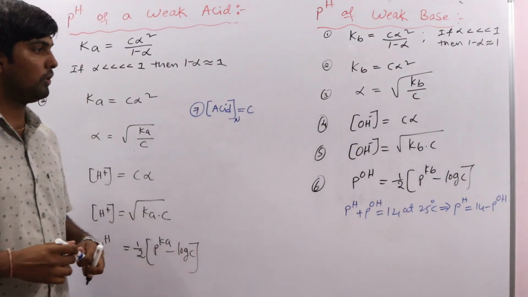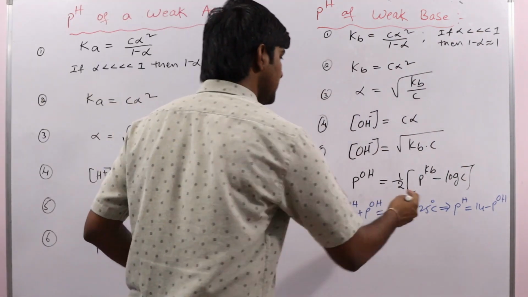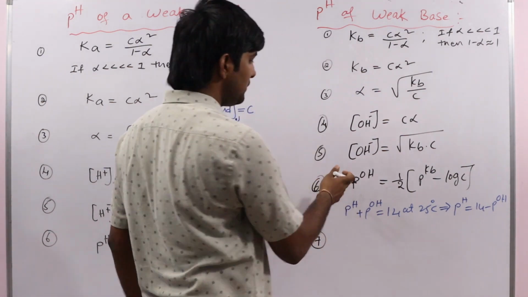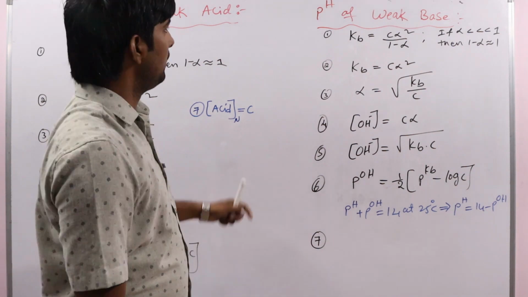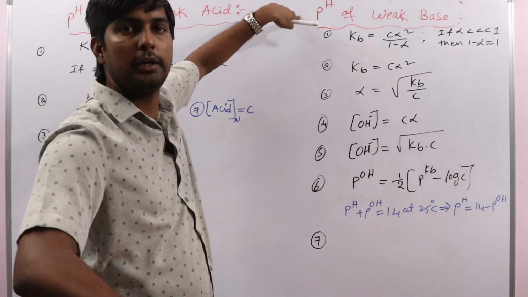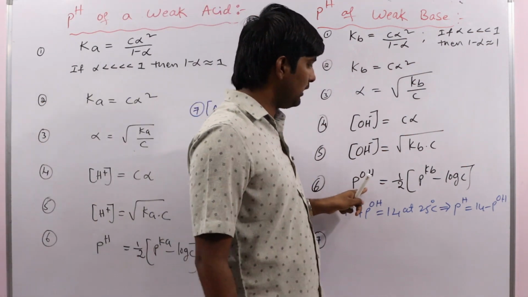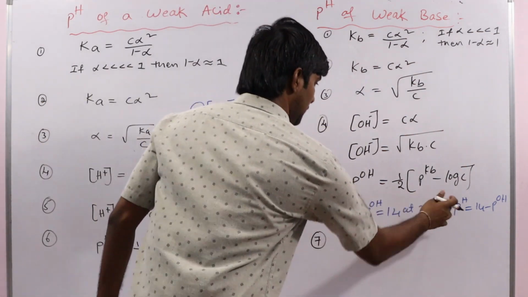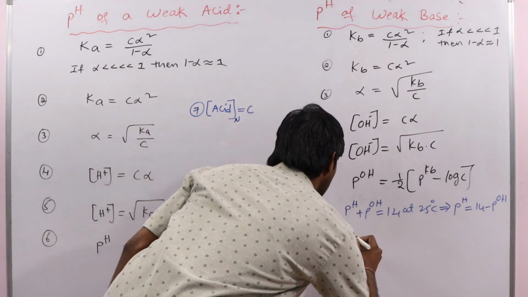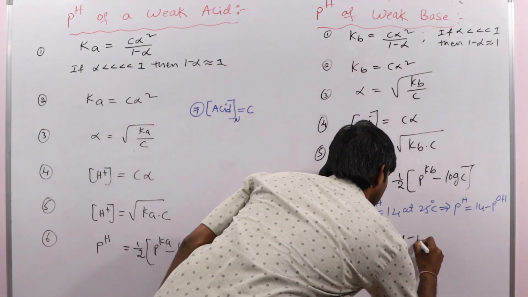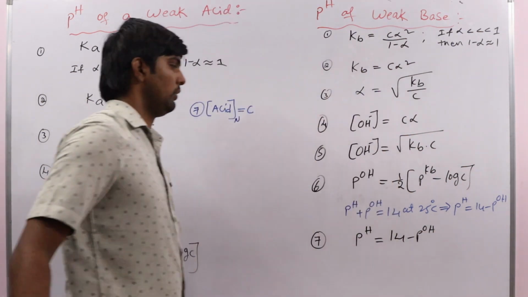If you want to calculate, first we should calculate pOH only, but in the examination they will ask you to calculate the pH of the weak base. Directly we cannot calculate. First we calculate pOH. After that, by utilizing this relation we can calculate pH. pH equal to 14 minus pOH.